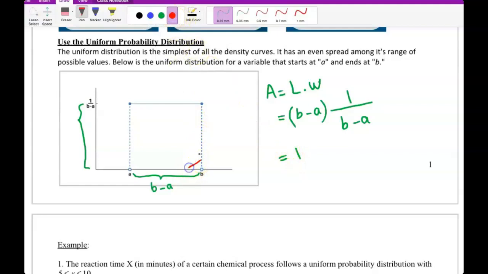So the area for what we have inside is equal to 1.